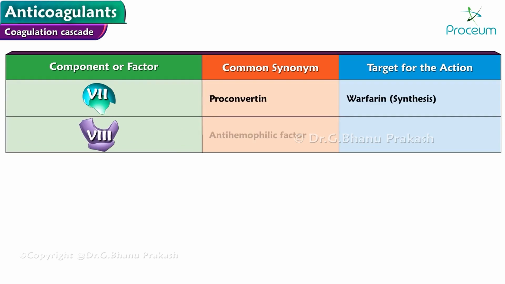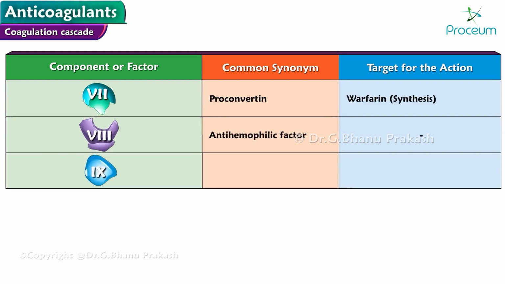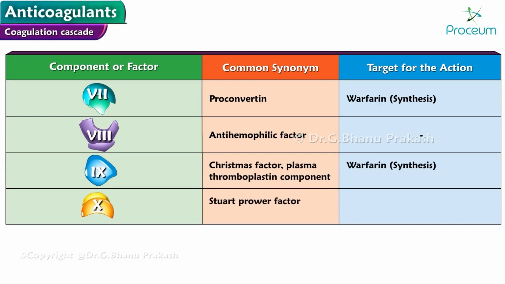Factor 8, anti-hemophilic factor, has no target. Factor 9, Christmas factor, plasma thromboplastin component, is a target for the action of warfarin synthesis. Factor 10, Stewart-Prower factor, is a target for the action of heparin, rivaroxaban, apixaban, edoxaban, 10A, and warfarin synthesis.